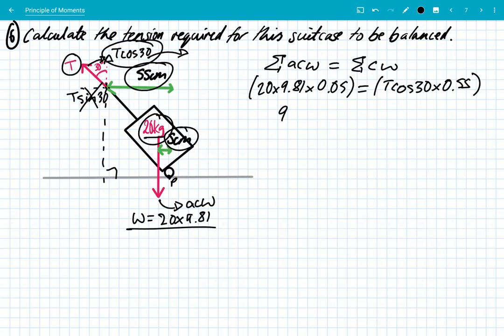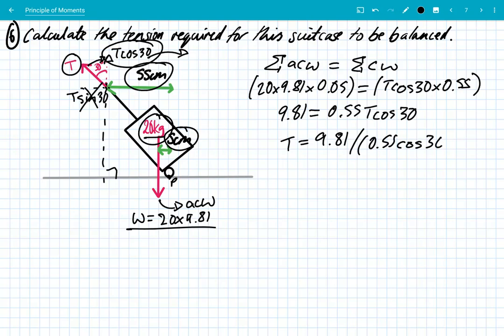So 9.81 is equal to 0.55 T cos 30, and we can therefore simply write that T is equal to 9.81 divided by brackets 0.55 cos 30, and we can calculate the tension to be 20.6 newtons.